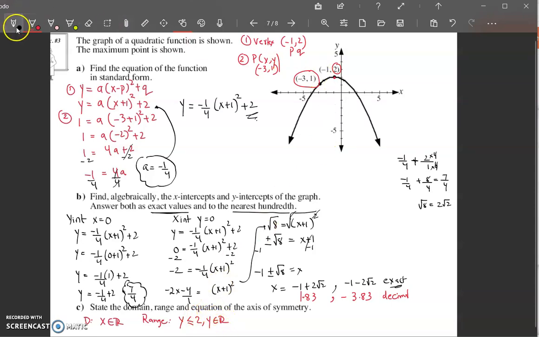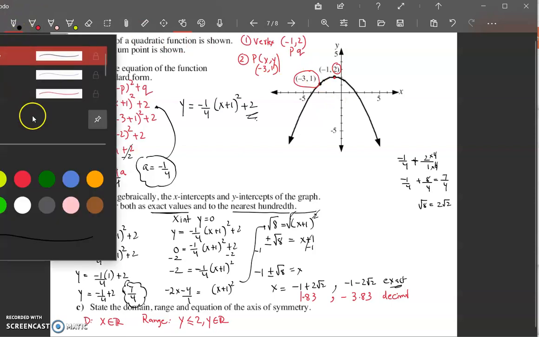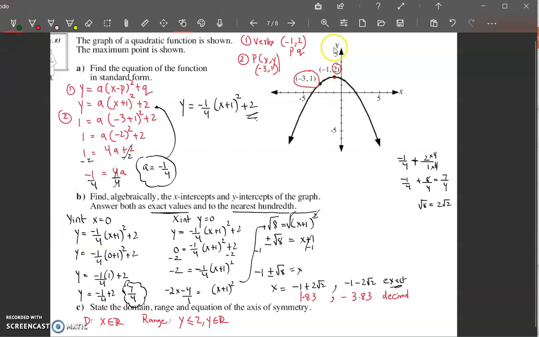And the equation of the axis of symmetry, if you remember, goes through your vertex, and it is at your x-coordinate, or the p-value. So the axis of symmetry is at x equals -1.